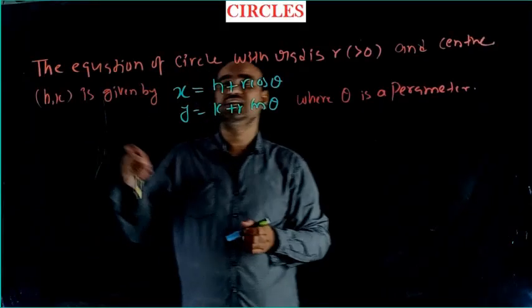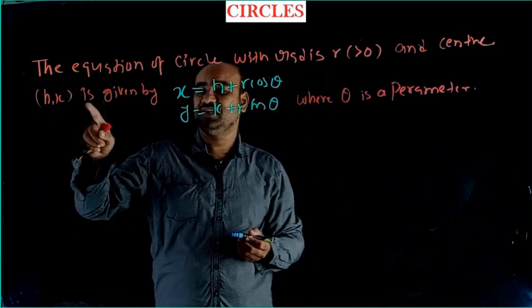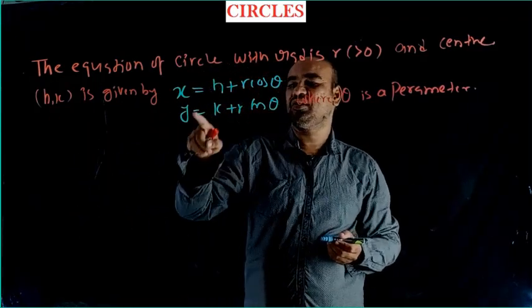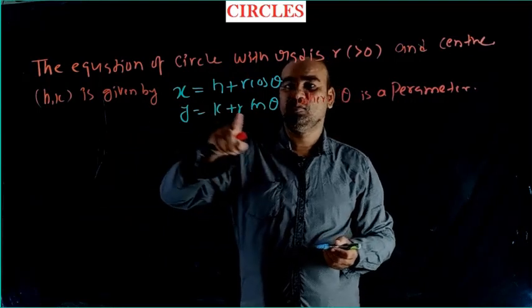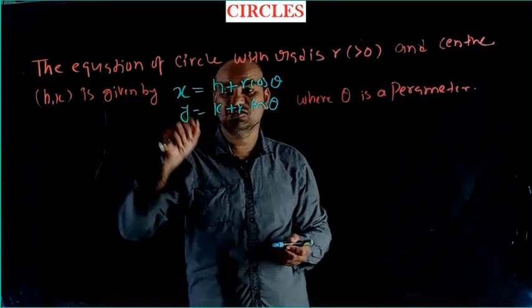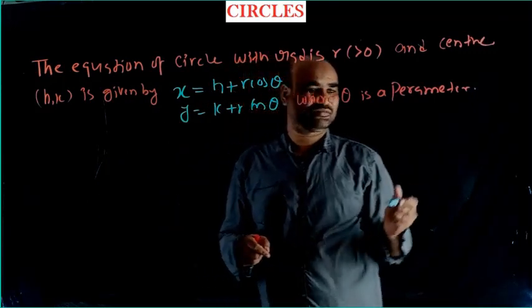Students listen here, the equation of the circle with the radius r and center h comma k is given by x equal to h plus r cos theta comma y equal to k plus r sin theta. By using a combined equation of these two linear equations gives the equation of the circle. Here theta is treated as a parameter.